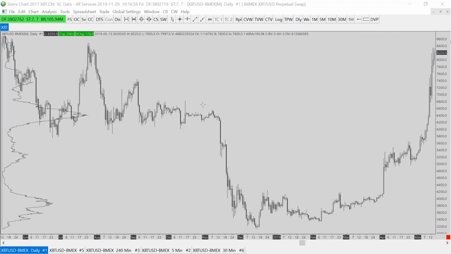An HVN is something like this, a high volume node: a build up of volume at a single price or very select few series of prices. And a high volume area or HVA is the same thing, just a build up of volume but over a wider range of prices. So in this case, this whole range is an HVA or high volume area.